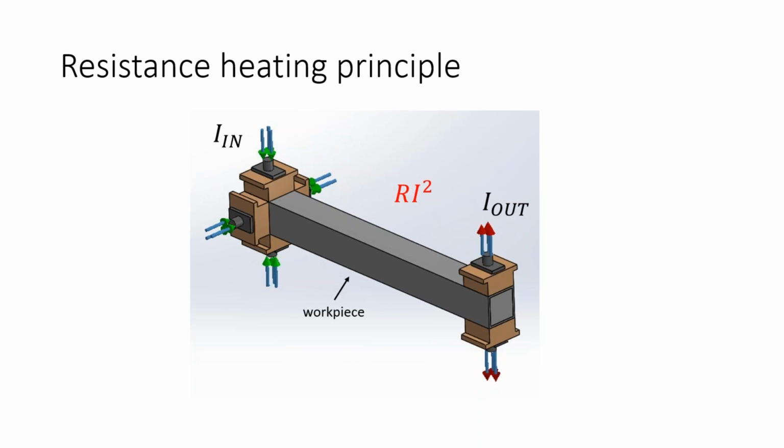So what we basically have is current coming in at one end and leaving the workpiece on the other end, and this current is generating the losses in the workpiece that lead to the temperature rise and are eventually making this workpiece prone to forming and forging and whatever you want to do with it.